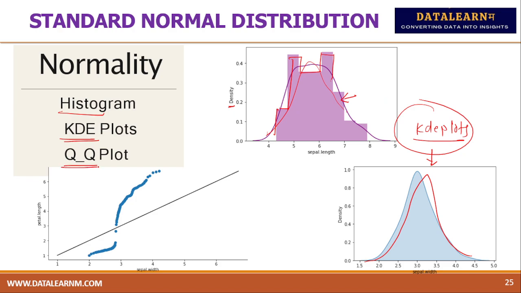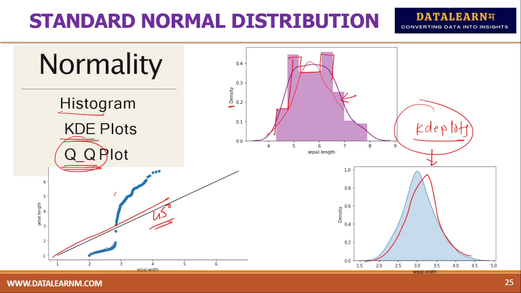Then there is something called the QQ plot, quantile plot, which is plotted with the help of libraries. Statsmodels is used in order to plot this quantile plot, where it plots one reference line at 45 degrees and the data points are plotted like this.